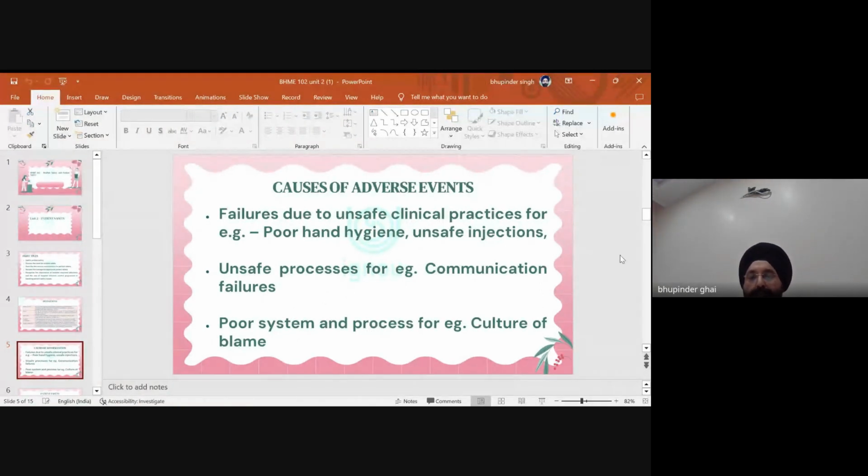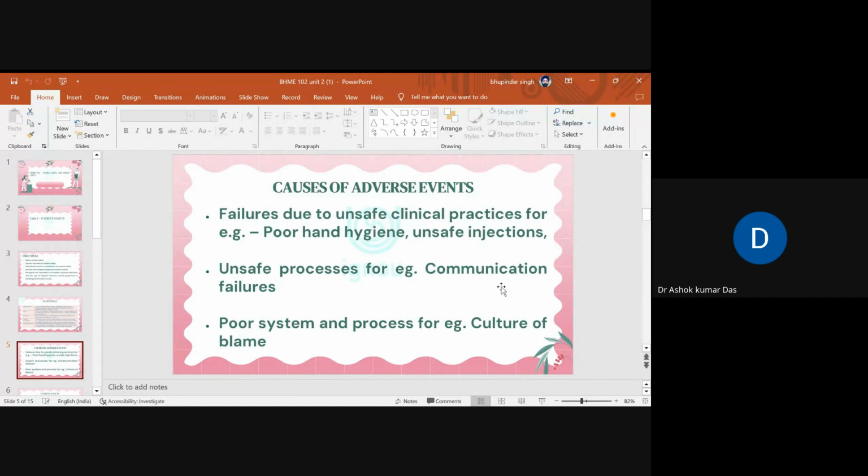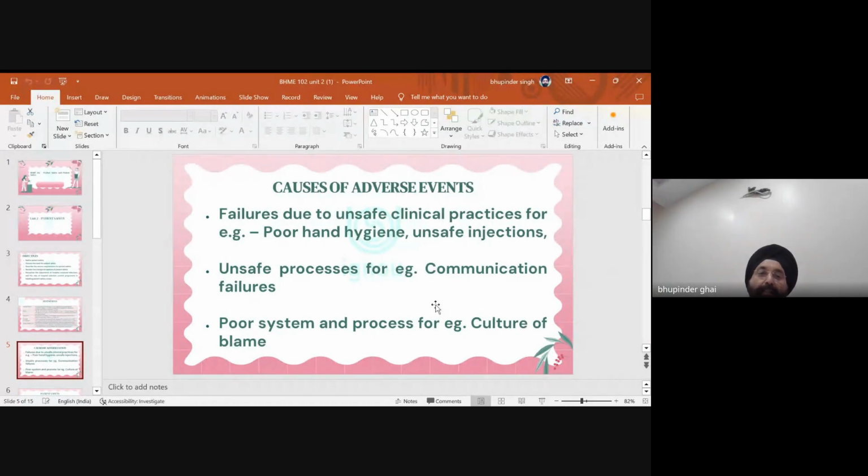Please give an example of communication error in an unsafe process. Suppose the surgeon says, bring the patient whose name is Ramesh, and there are two patients, one is Ramesh Chauhan, one is Ramesh Taneja.